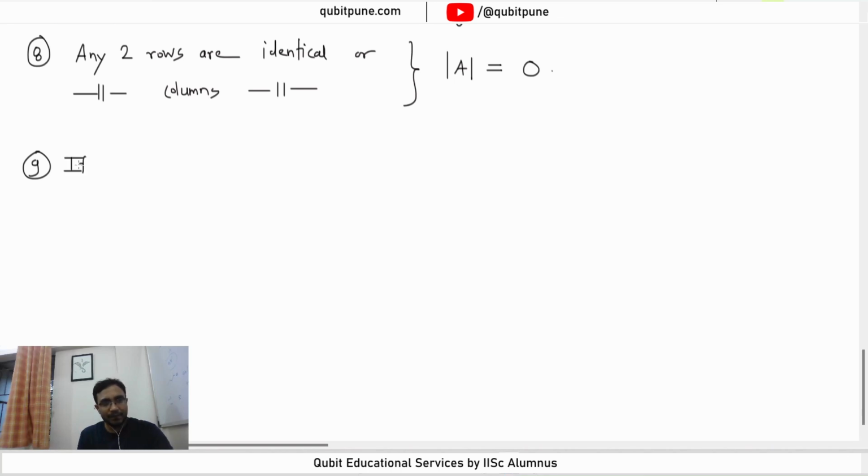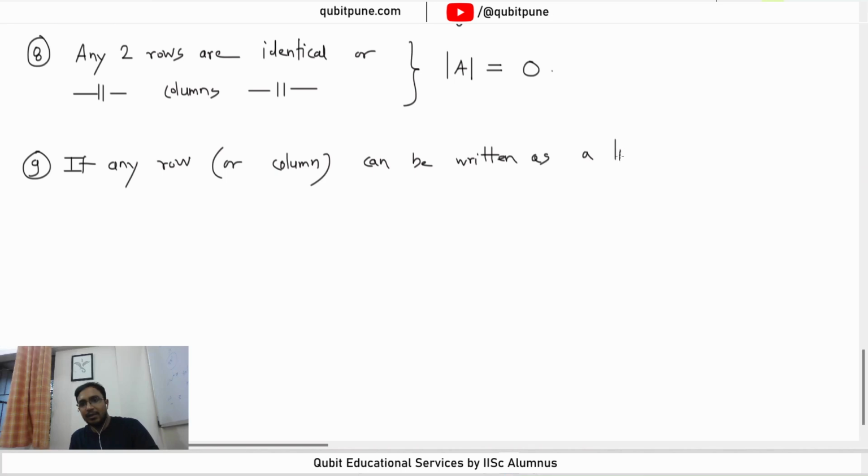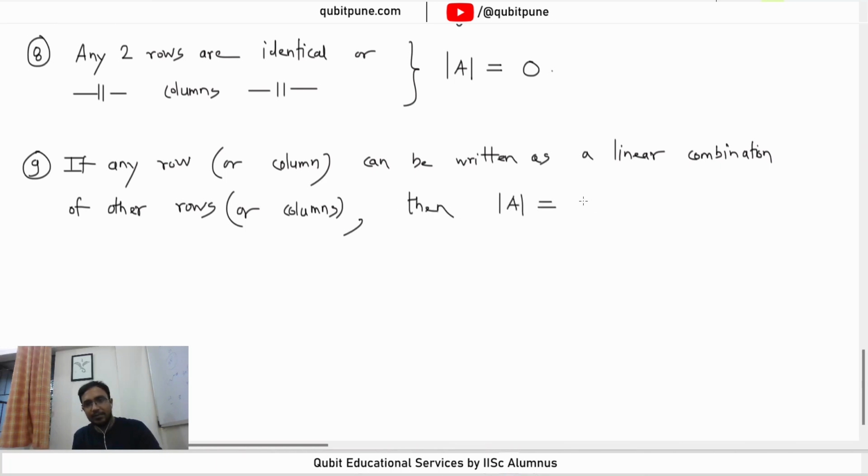If any row or column can be written as a linear combination of other rows or columns, then the determinant of A is equal to 0.